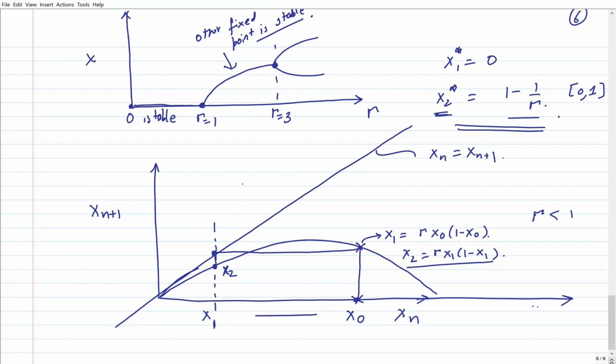So this was x2, and now x3 is going to be r x2 (1 minus x2). For that, I need to locate where x2 is on the map, and for that, I again try to hit this line. This gives me x2. So you can see this zoom, zoom, zoom in this graph.